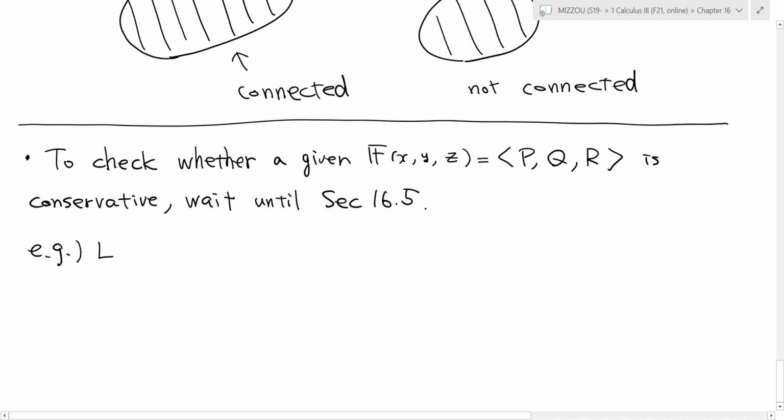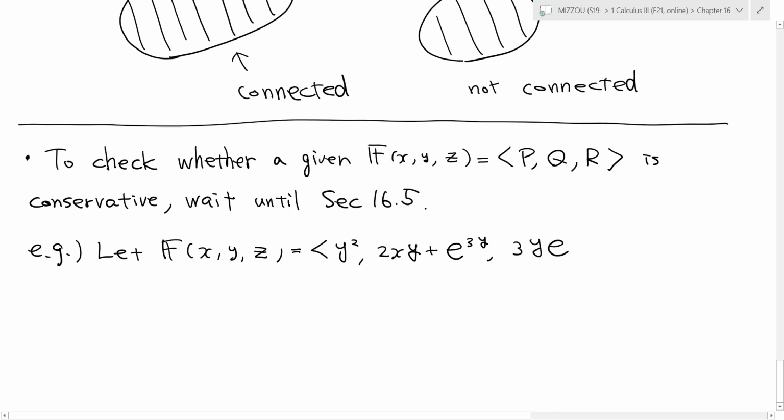Let f of x, y, z be y squared, 2xy plus e to the power of 3z, and 3y e to the power of 3z.